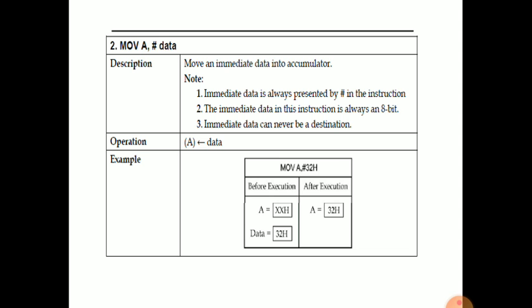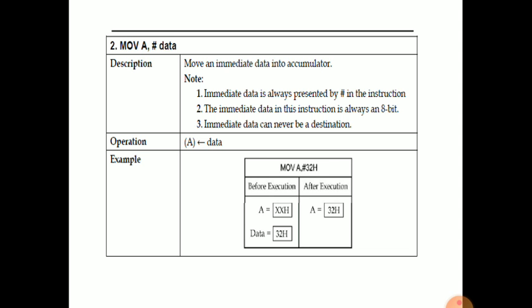In the example, if you take MOV A, #32H, before execution A has some random data XXH, and the data we are supplying directly does not have any address. The data is given in the instruction itself, so the available data is 32H.